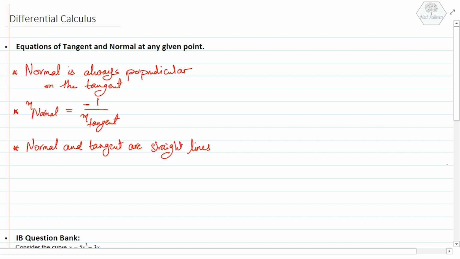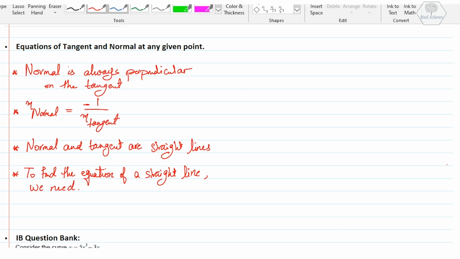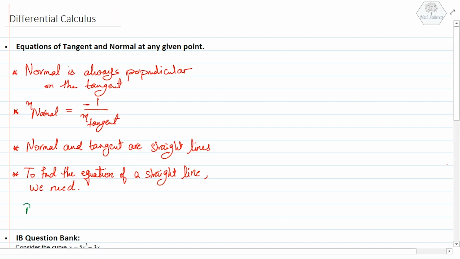So, in order to find the equation of any straight line, we need, the first thing, a point on that line.